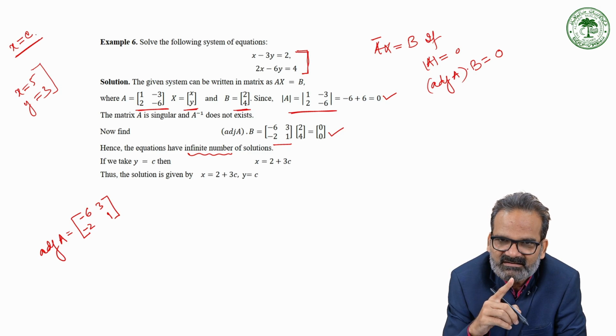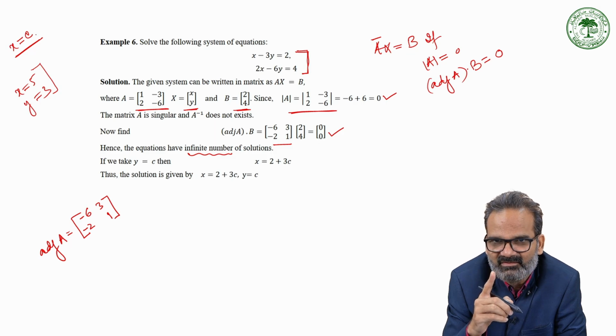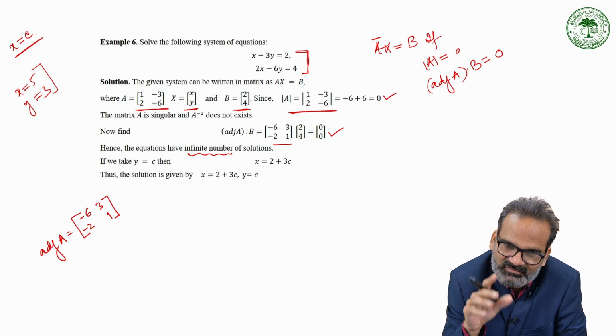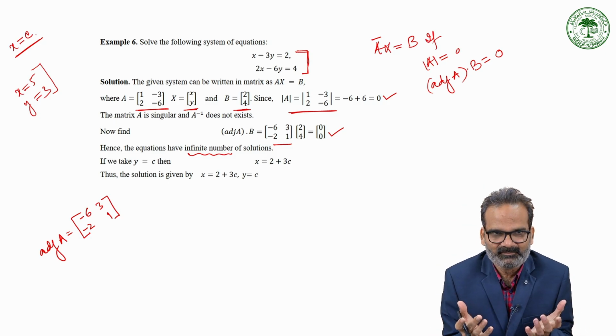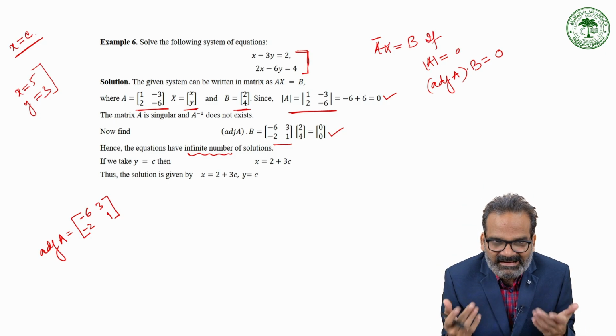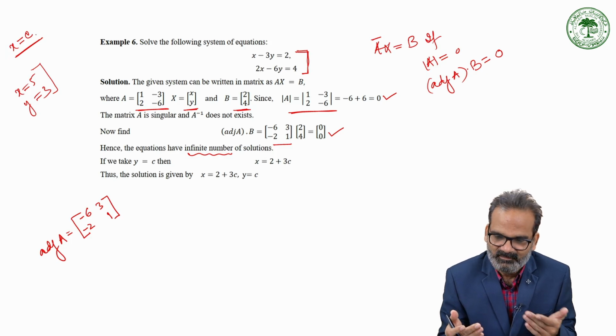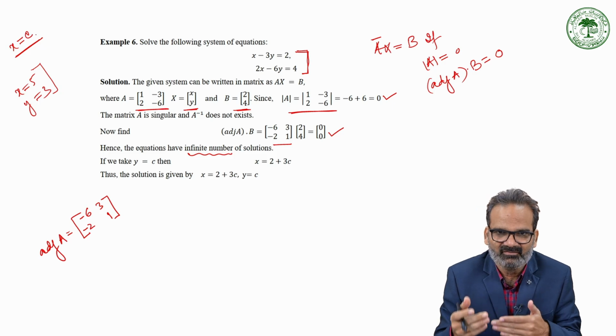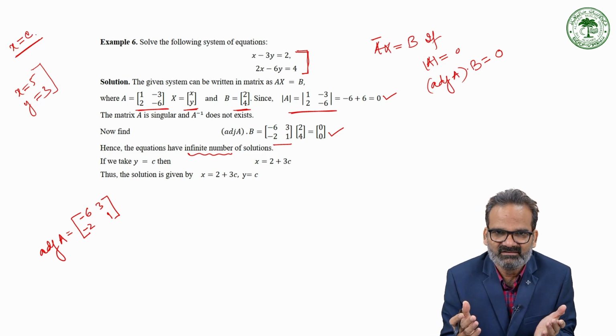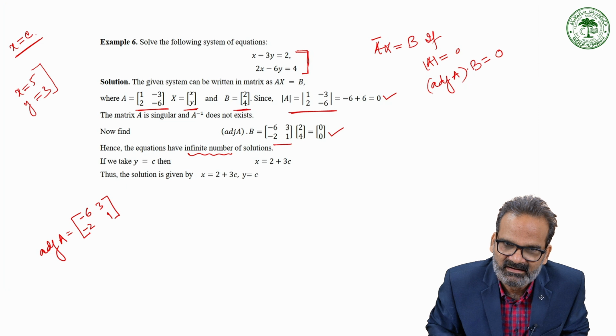Therefore, x can also have infinitely many values. Clear? So infinitely many solutions means the values of x and y will contain a constant. And by changing that constant, the values of x and y will also change. This is the meaning of infinitely many solutions.